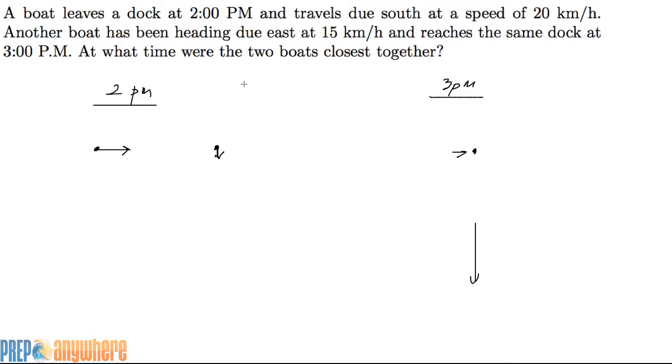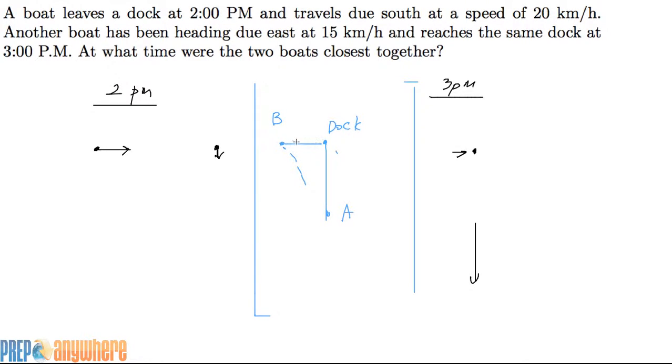So somewhere between 2 and 3 p.m., okay, here's the dock. Let's say something like this. Let's name these boats, boat A and boat B. At some point, it's going to look like this.